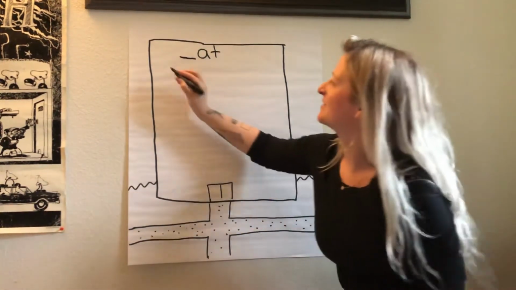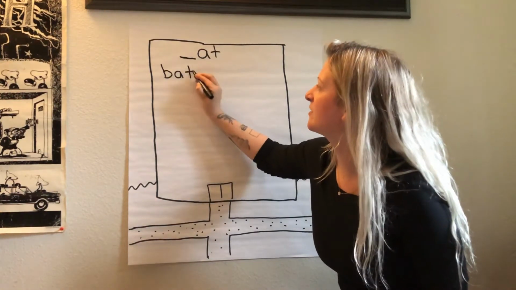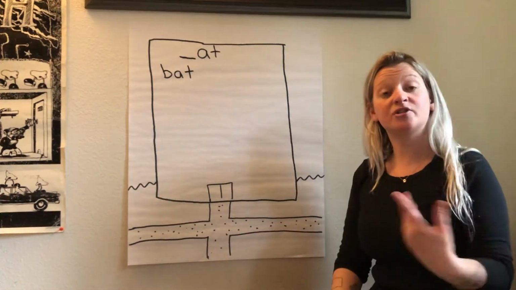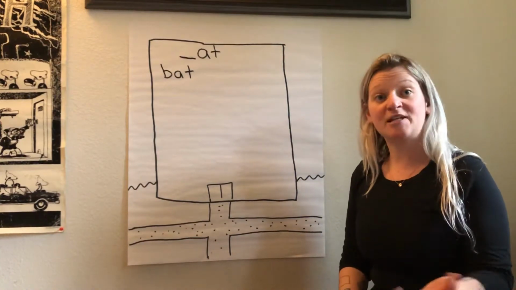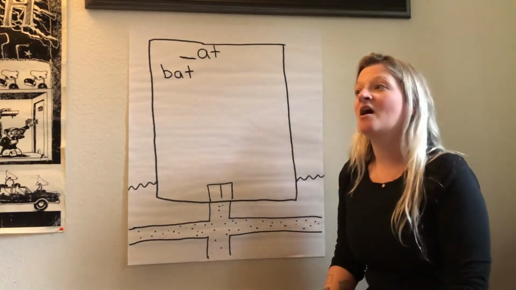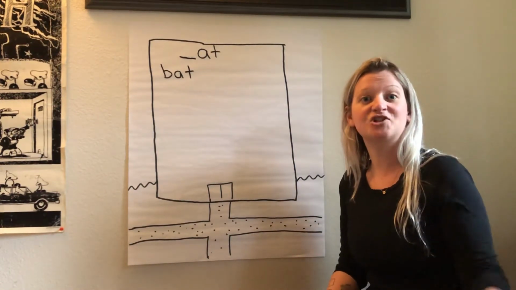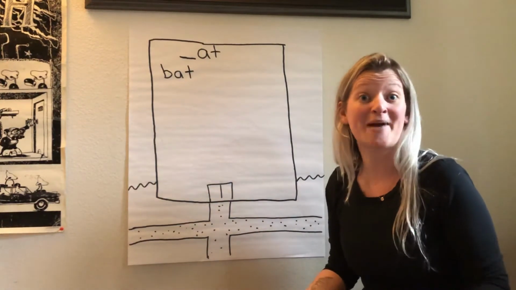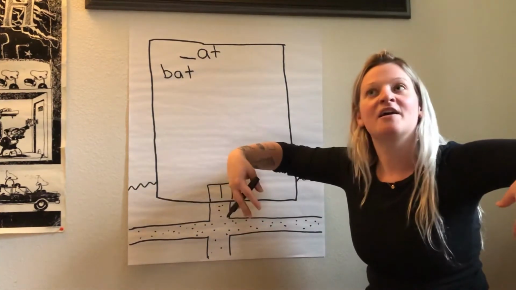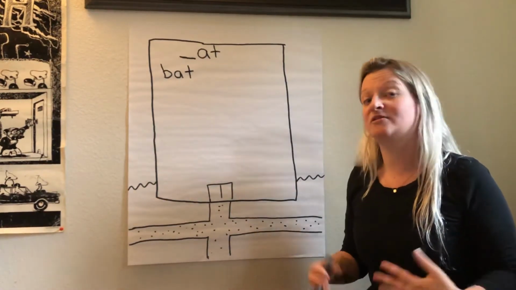Bat. Bat is a word I have heard before. I actually love the sport baseball, and in baseball they use a bat to hit the ball, right? Also, we talked about in class, we were reading a non-fiction book about the animal bat. And we discovered that they sleep during the day and they're awake during nighttime.